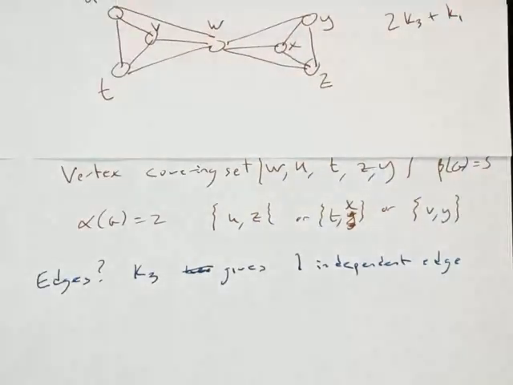Trying to keep the picture with me here. So I could do, say, UT, and I could do YZ. Could I do something else that's not adjacent to those as an edge? Sure, I could do either WV or WX.